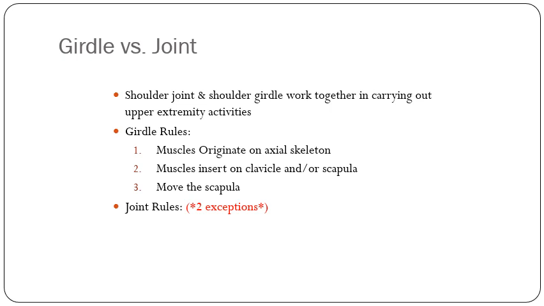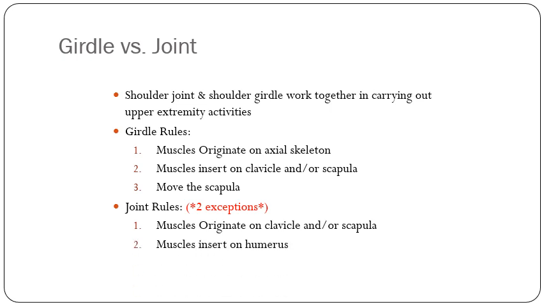Then there are the shoulder joint rules. Now, there are actually two exceptions to the shoulder joint rules, which you will see. These are the general shoulder joint rules. There are going to be two exceptions to these rules, and we'll see them later on. The muscles have to originate on the clavicle and or the scapula.